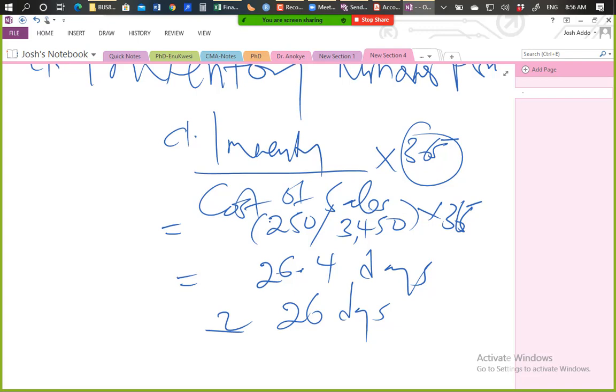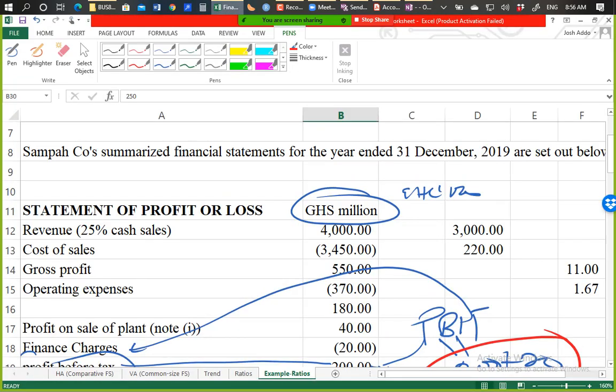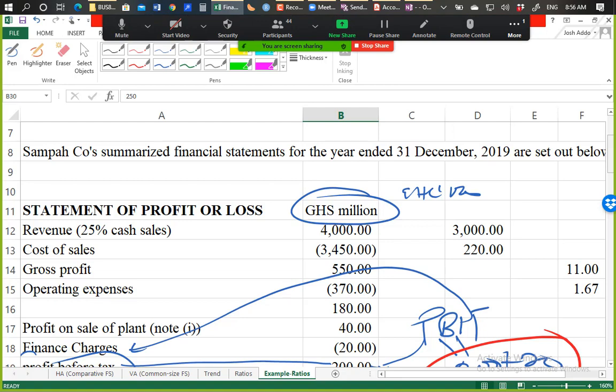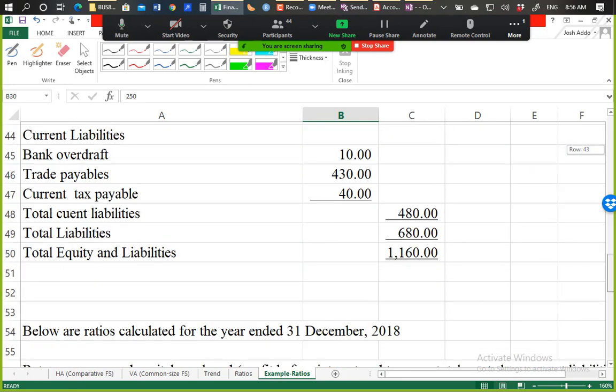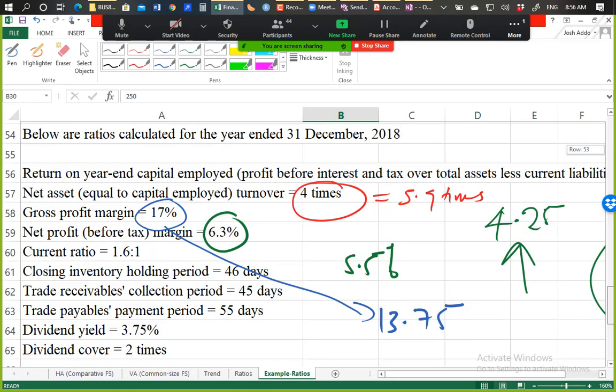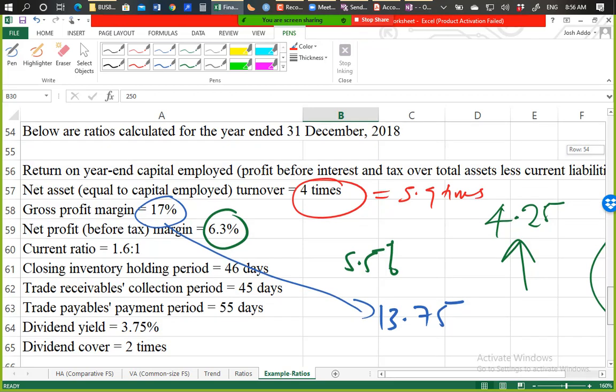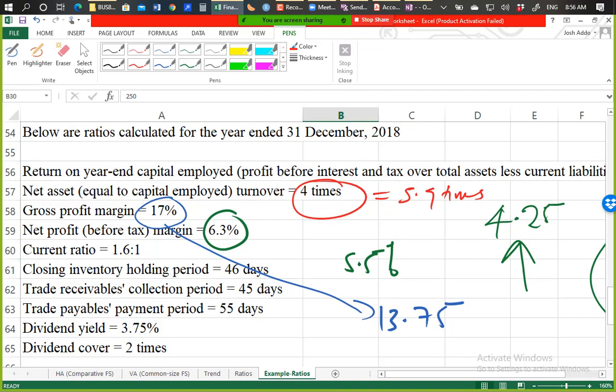On top of that, we have to compare how our performance this year compares with the previous year. So if we check this 26 days with our previous year performance, closing inventory holding period was 46 days.